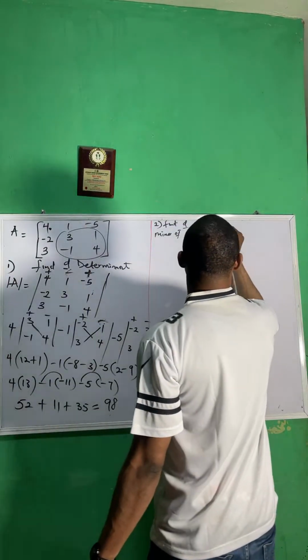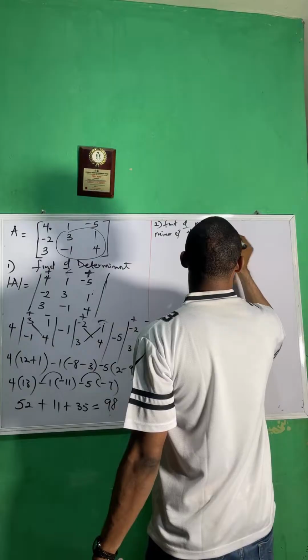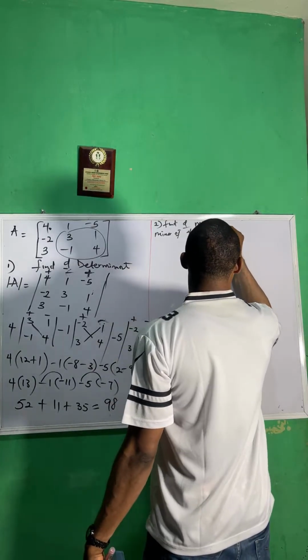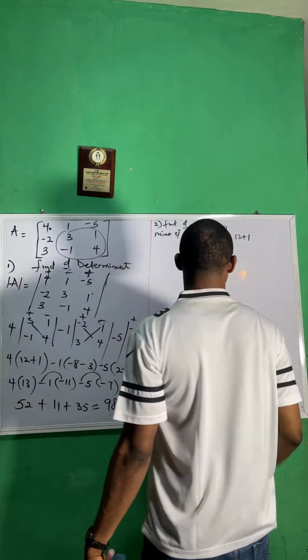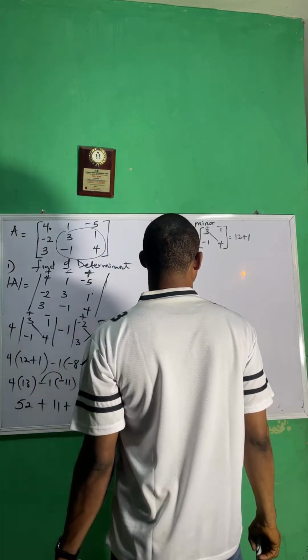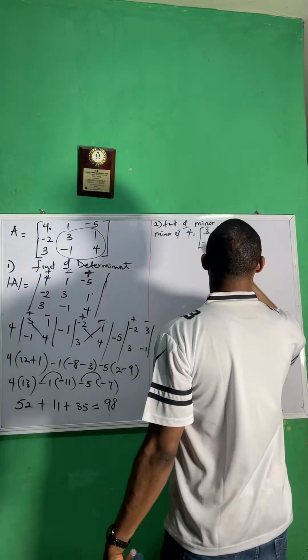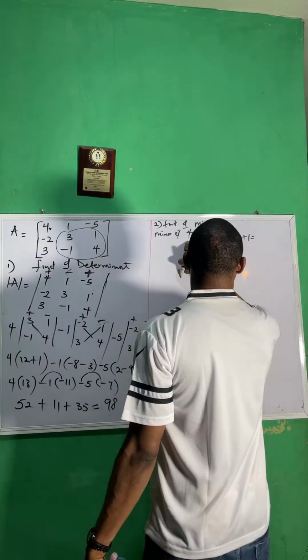So this one is going to be plus minus. So 4 times 3 is going to give me 12. Minus times minus here will give me plus 1. You get 1 times 1 is 1, minus times 1 is plus. So the minor of this 4 is 13.